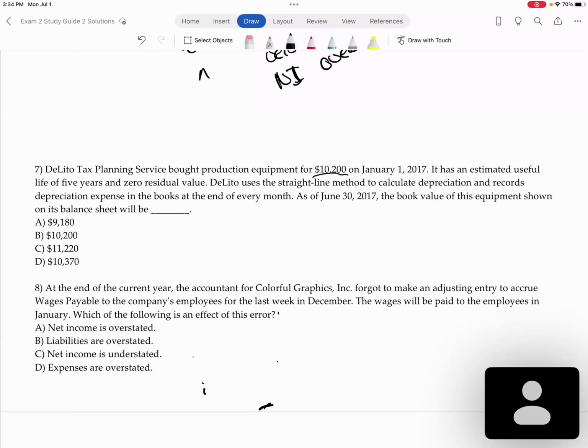But if it's just asking for what the depreciation expense is, then all like per month, and if it lists a whole bunch of different pieces of equipment, just do that for each piece of equipment. Okay. So per month, this is going to be, so it's $10,200. So just go 10,200 divided by 12. And no residual value. Okay, yeah. So if it has no residual value, then just divide that by 12. That'll give you your monthly depreciation. Let me make sure on the test problem.